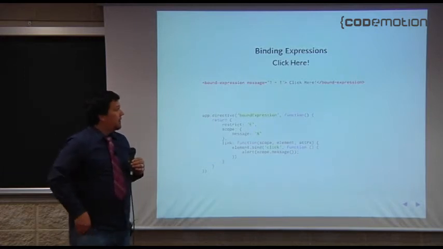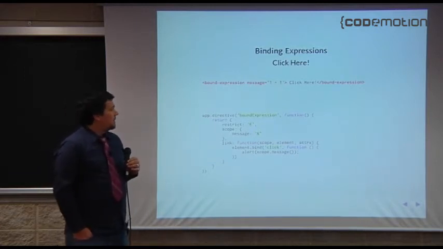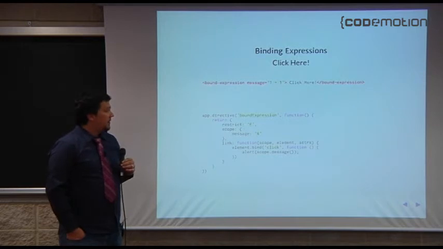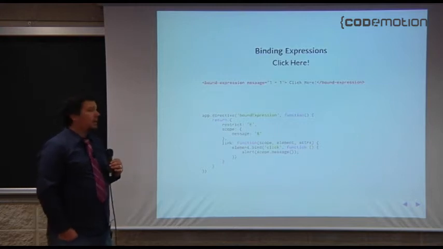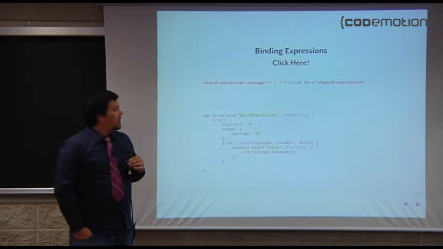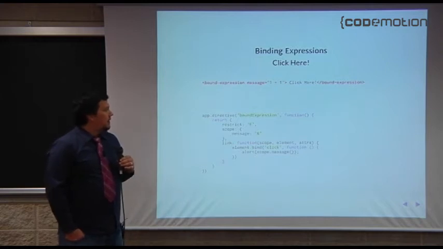So another way we can bind here is via expressions. And in this case, I'm using 1 + 1. So it's not a complicated expression, but it can be any expression. You can use a function or method and pass that in, and it's going to use that.